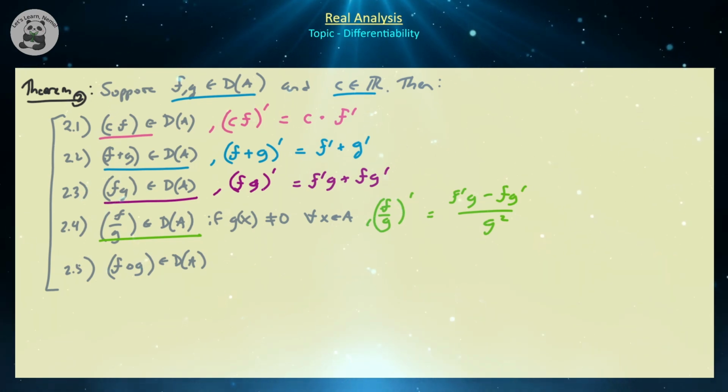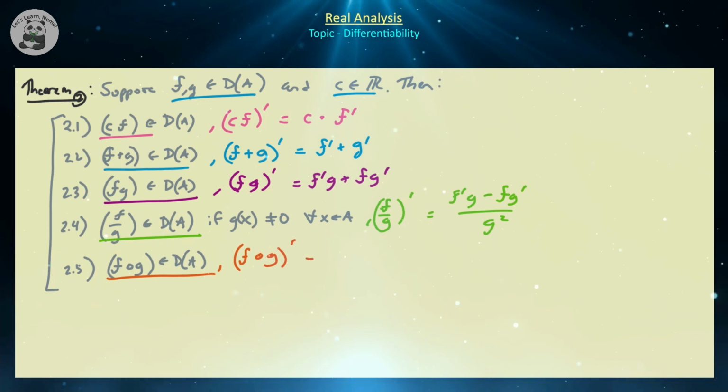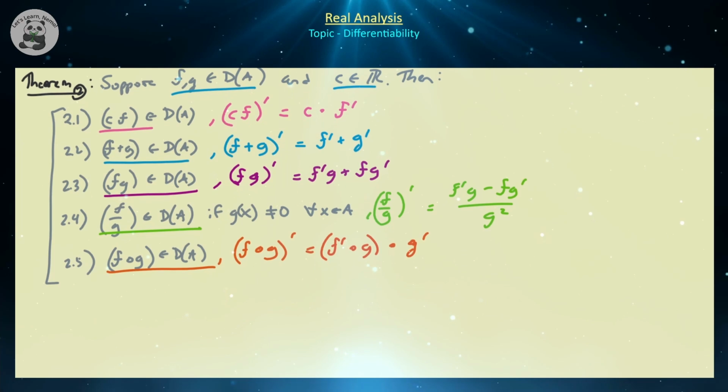The last rule, some people call the chain rule, says the following: if f and g are both differentiable and you compose one with the other, then their composition will also be differentiable, and the derivative of the composition will be equal to the derivative of f composed with g, multiplied by the derivative of g. And some people call that the chain rule.